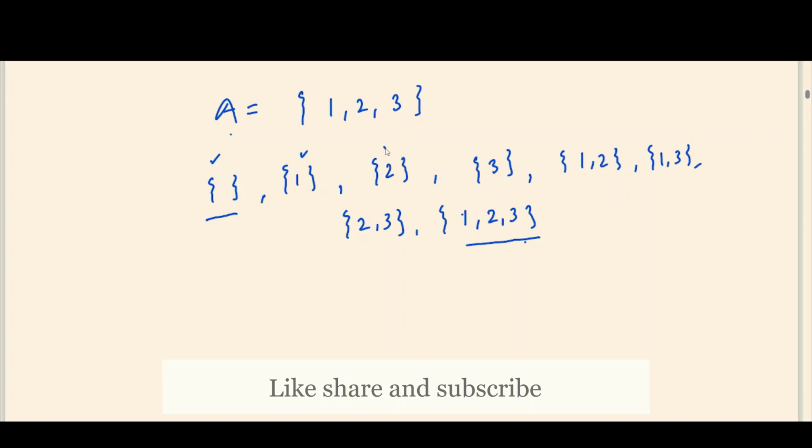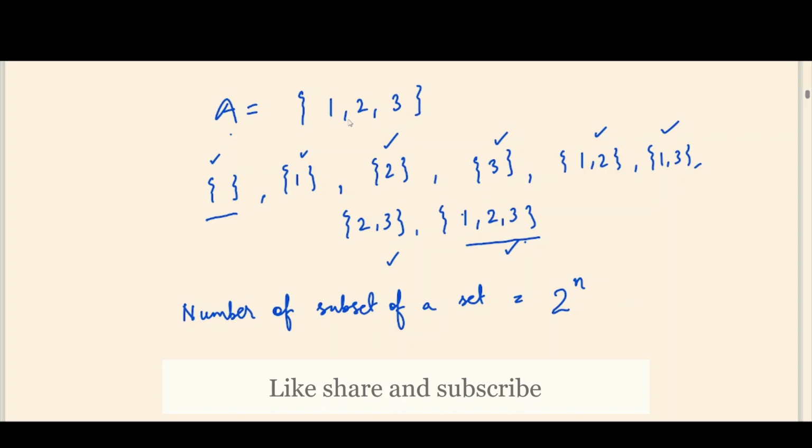So how many subsets are there? 1, 2, 3, 4, 5, 6, 7, 8. So how can we find the number of subsets of a set? The number of subsets of a set is found using 2 to the power of the number of elements.